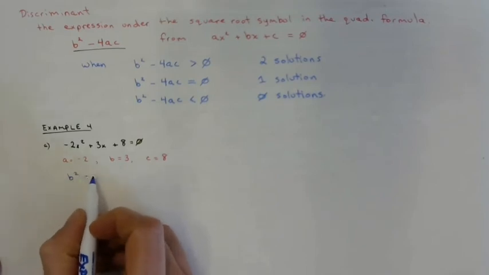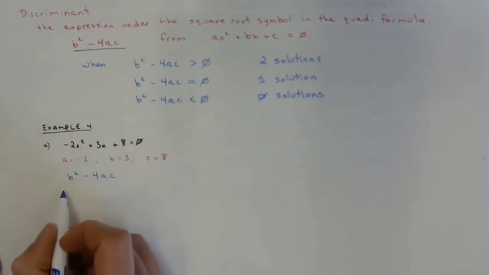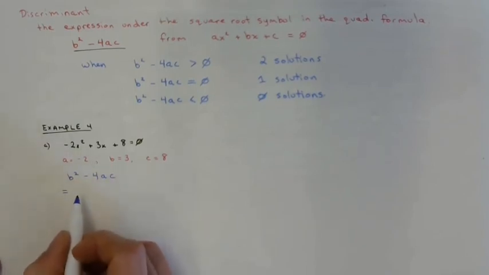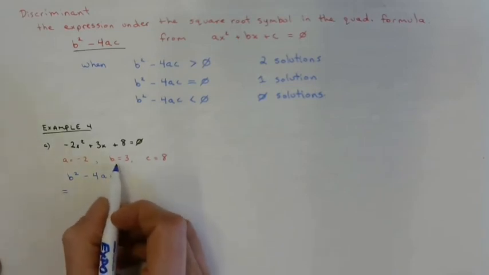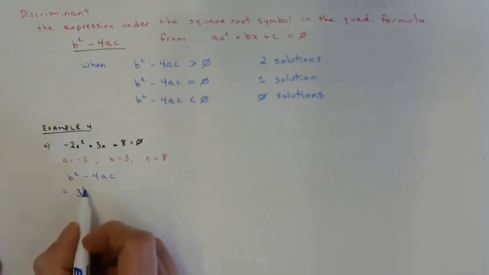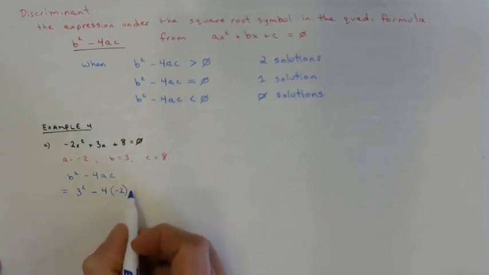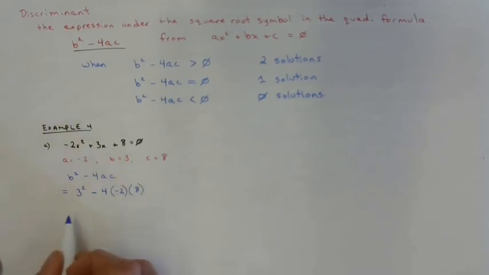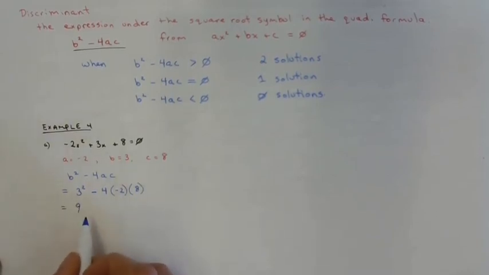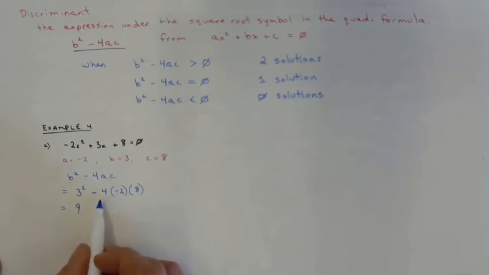b squared minus 4ac equals, just plug in what I know. b, I said, is 3. So I've got 3 squared. Then I have minus 4 times a, which is negative 2, times c, which is 8. Here we have 9. Look, I don't even need to do any more here. This is going to be plus because I have 2 negative factors.